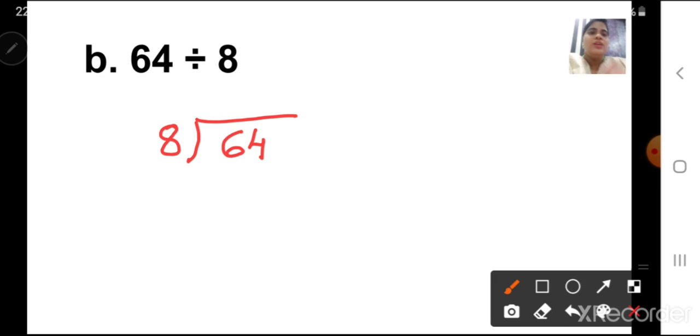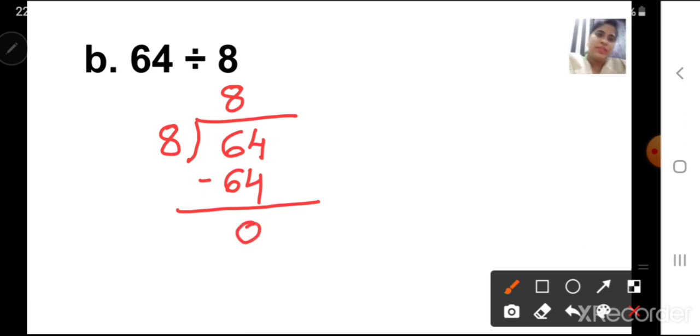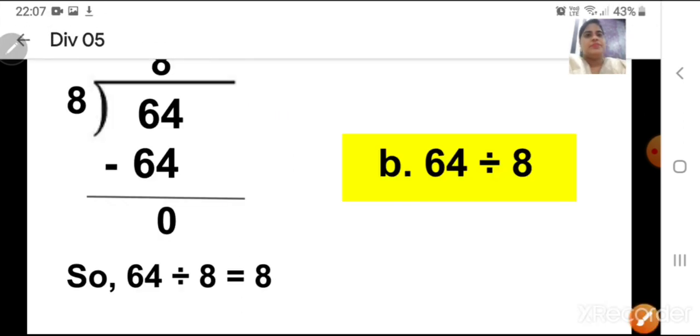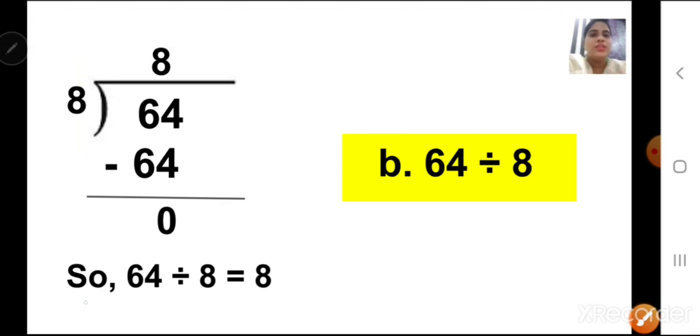Correct children? So I will write here 8 8s are 64. Put a subtraction sign, put a dash and then subtract it. 64 minus 64 will be 0. So my answer is number 8. So 64 divided by 8 is equal to 8.